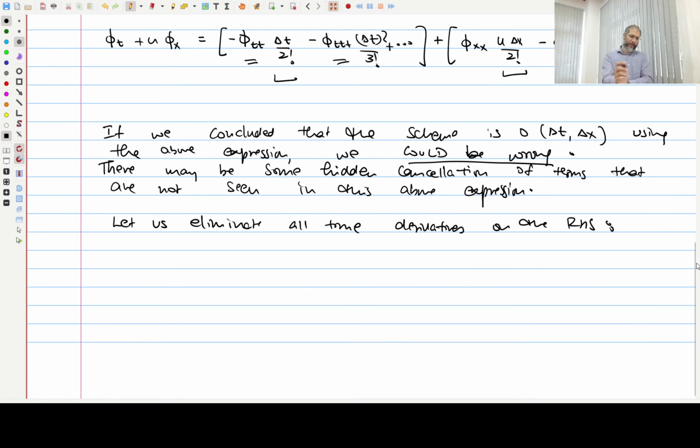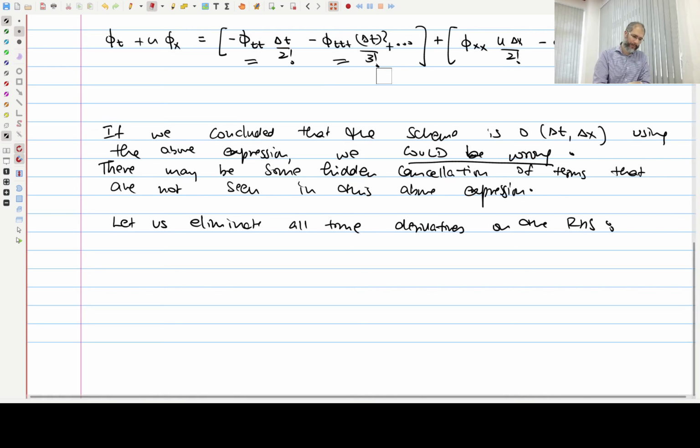In this equation that we have, we'll eliminate all the time derivatives now. The first thing we'll eliminate is phi tt, the second partial derivative with respect to time. Now how can I get rid of phi tt?